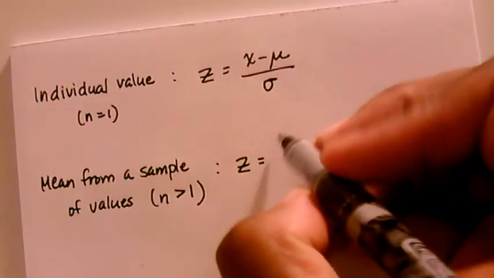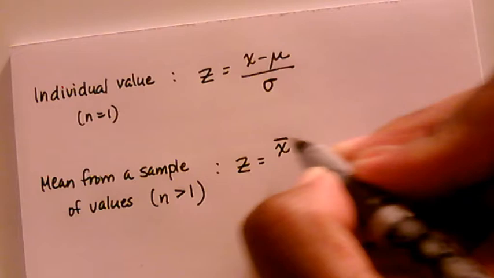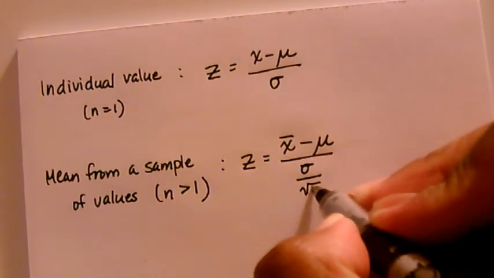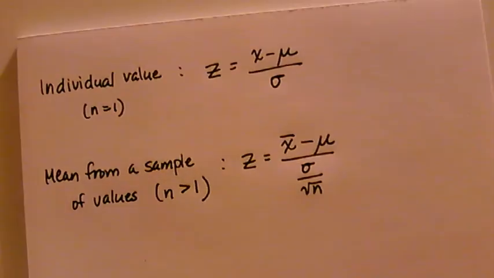Z is equal to, this time, x bar minus mu divided by sigma over the square root of n. Okay, that we just got through talking about. Because we're dealing with a mean from a sample of values. Okay. So let's look at a few examples of just this.